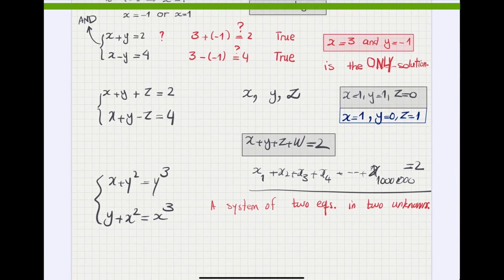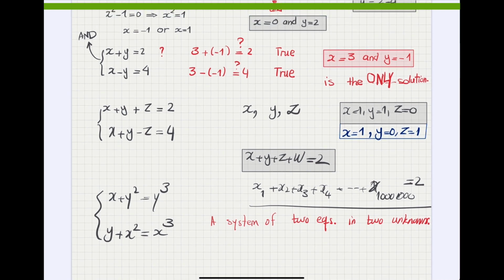Now let me repeat this. When we say something is an answer, a bunch of numbers for the unknowns is called a solution to my system if those numbers simultaneously satisfy all the equations in the system, not just one of them. So when I am asking you, can you guess a solution for this system?